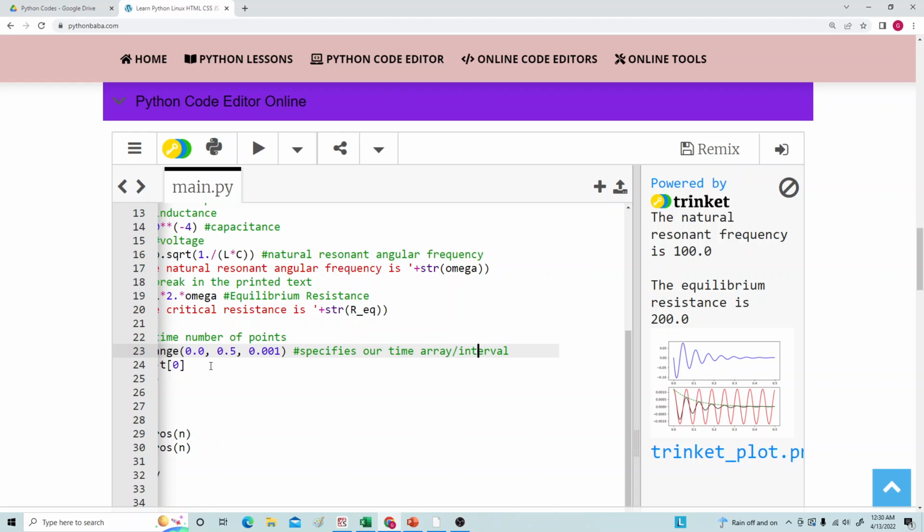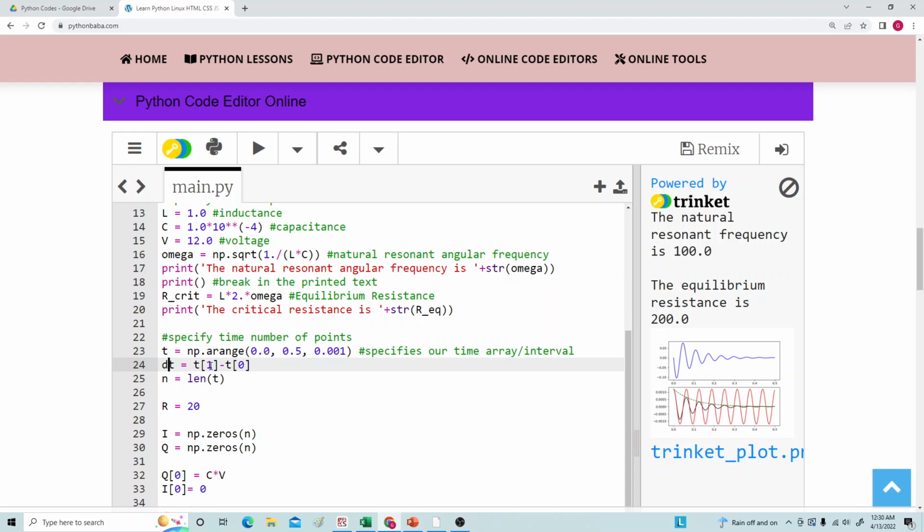So this specifies our time interval. The time between the second and first data point is going to be the time interval that we're going to use.